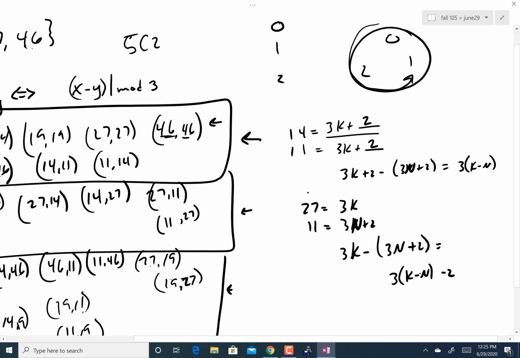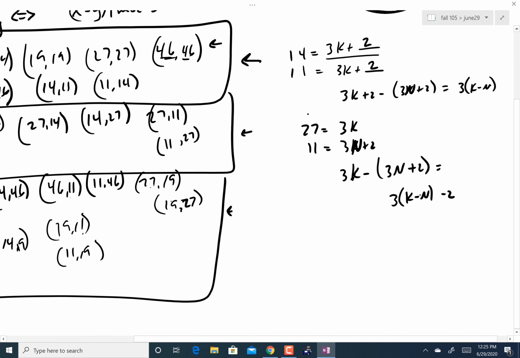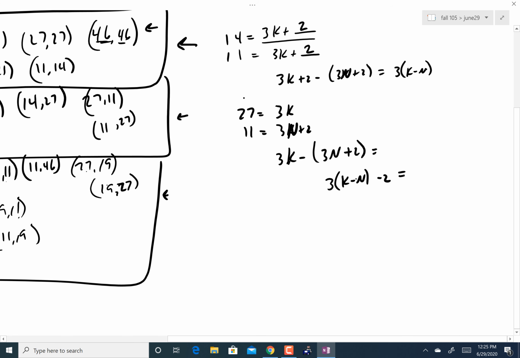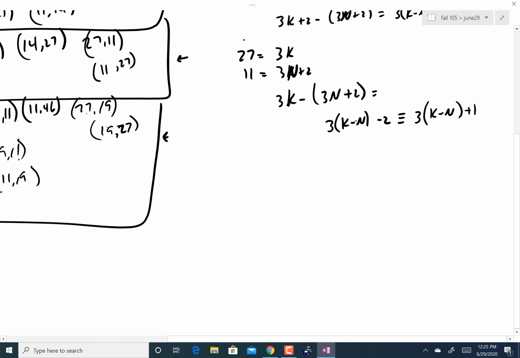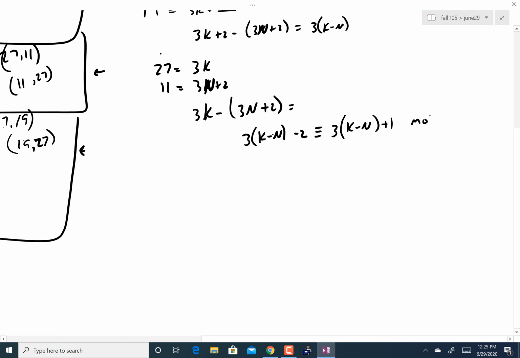That's how we got a remainder 1. So we say that this thing here is congruent to 3k minus n plus 1, right? Well, yeah, in mod 3. Or you could just say it's congruent to 1 mod 3.